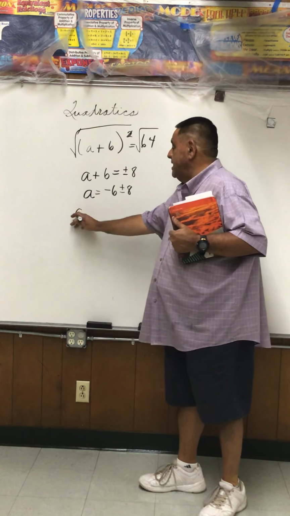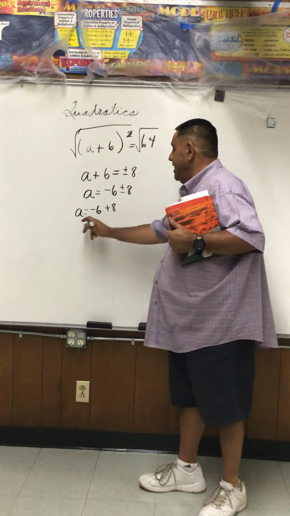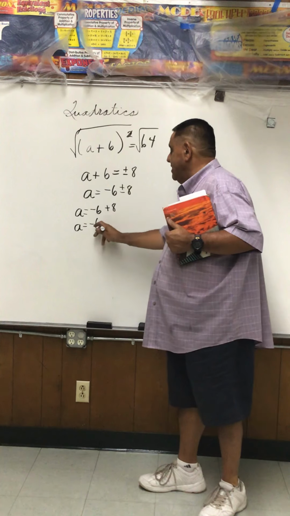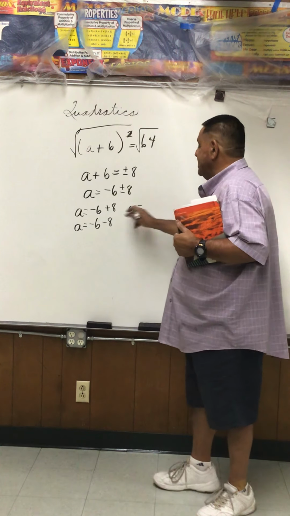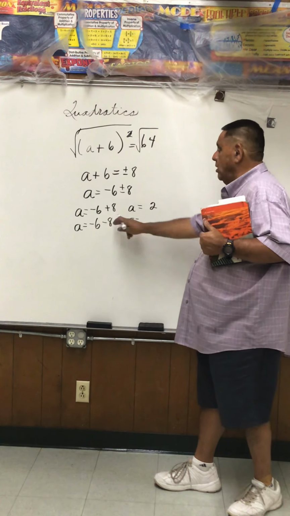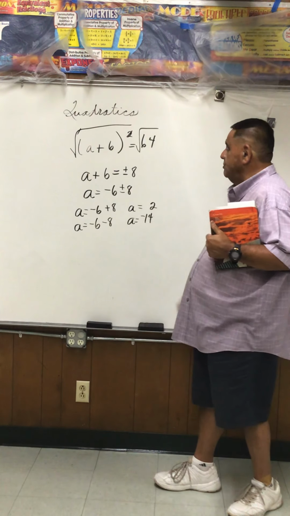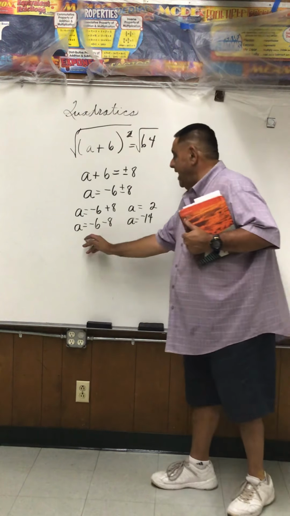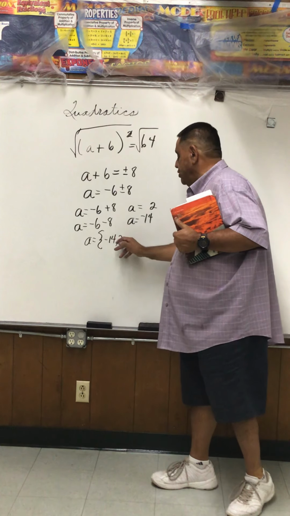Solution number 1 is a can equal negative 6 plus 8, and a can equal negative 6 minus 8. So therefore, a in this case would equal 2. In this case, a would equal negative 14, excuse me. All right? So therefore, a has a solution set of negative 14 and 2.